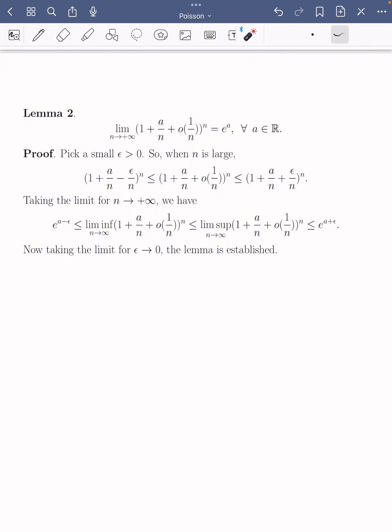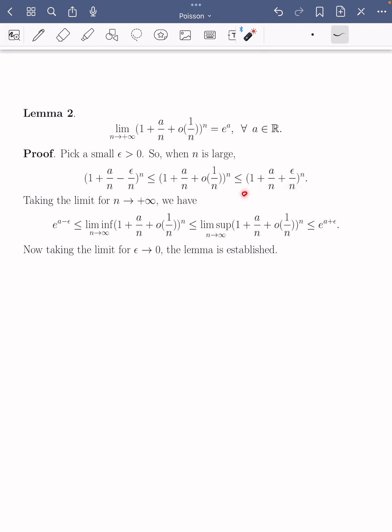So now we take the limit for n going to infinity, and then e to the a minus epsilon. So we combine these two terms together, and we become a minus epsilon. So e to the a minus epsilon is less than or equal to the lower limit of this sequence, and also less than or equal to the upper limit of this sequence.